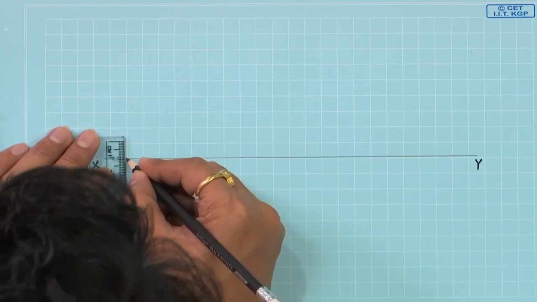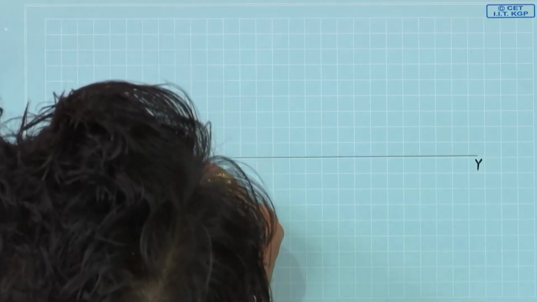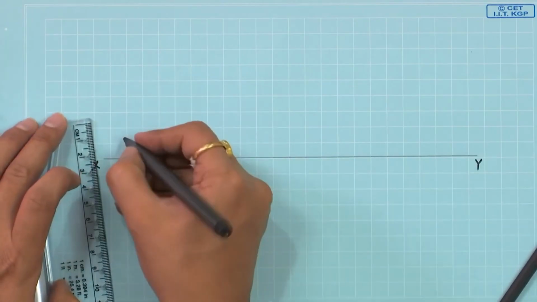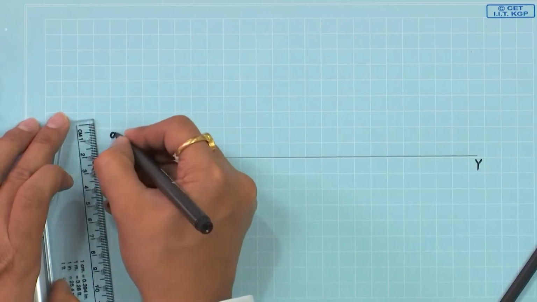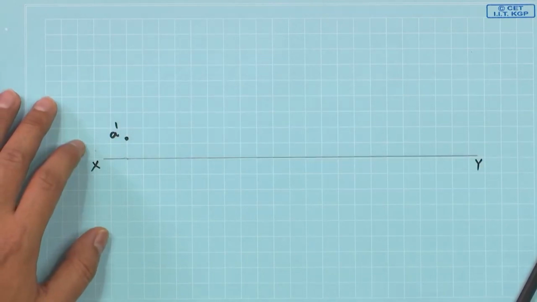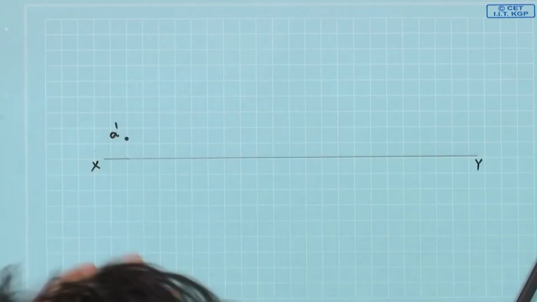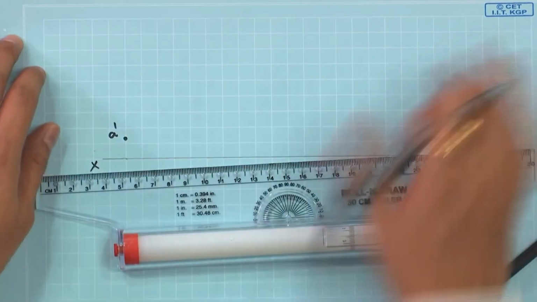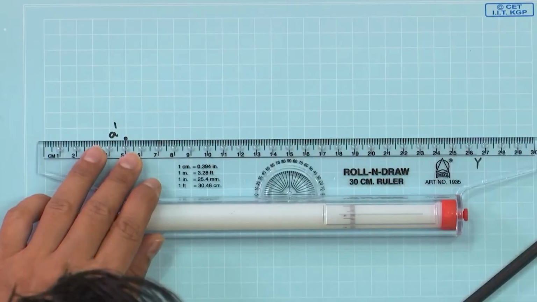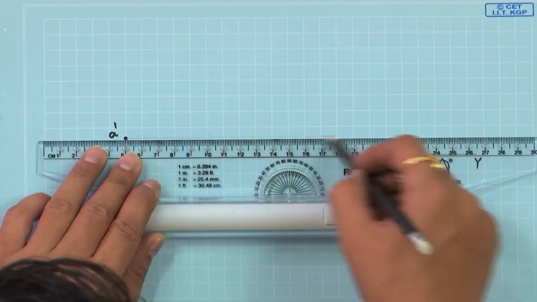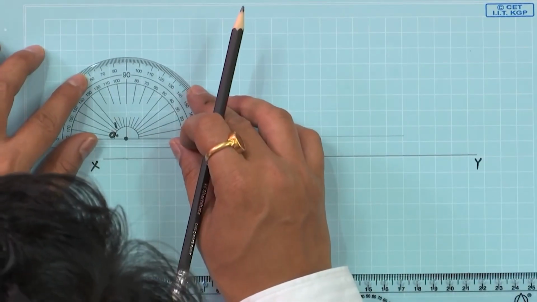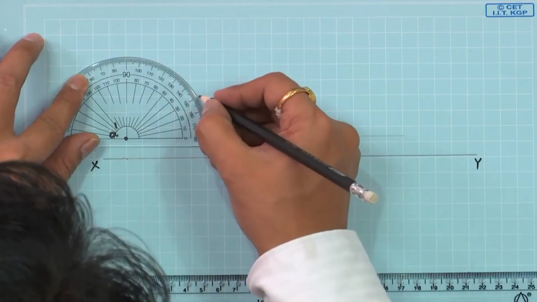So, 10, 11, 12, somewhere here. Let us call this A prime. We have to take a 30 degree angle from A prime, so let us draw a horizontal line also here, and there we have to locate the 30 degree angle.